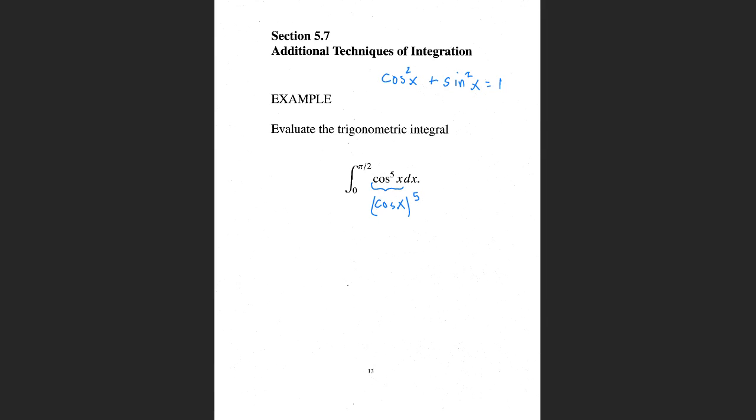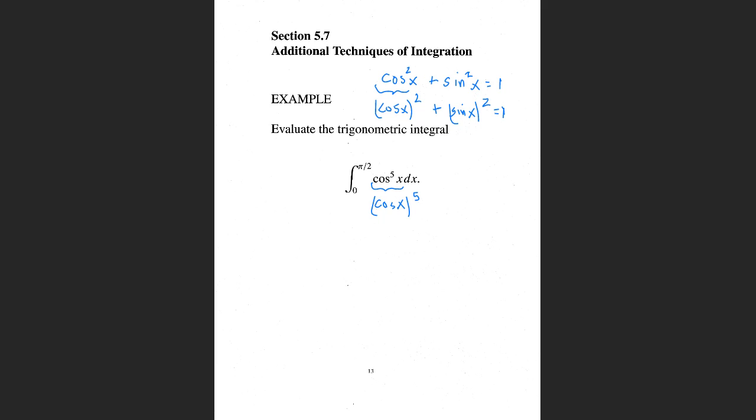So for this particular problem, we could think of this as the cosine of x quantity squared plus the sine of x quantity squared equals 1. That's equivalent.